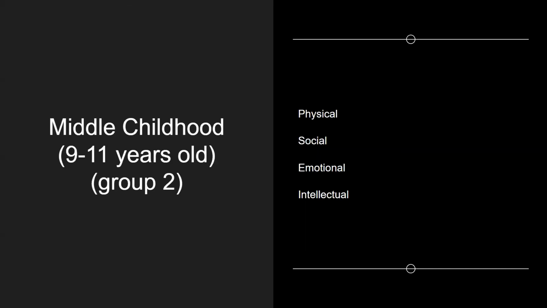So next, we're going to go to middle childhood, and I'm going to ask Sevier County to unmute and turn on their video and share with us their 4 stages of development for 9 through 11 years old. Is that all right, Sevier County?